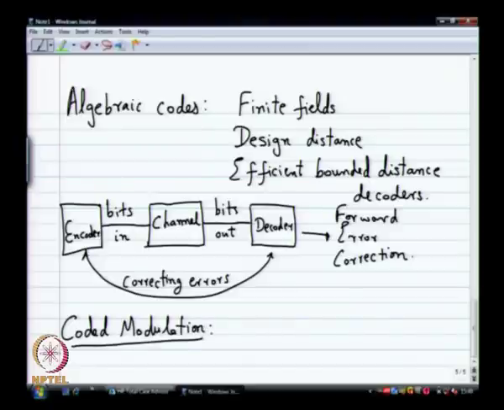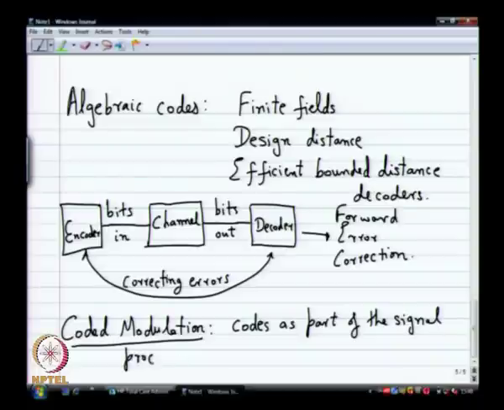Okay. So, here you think of codes as part of the signal processing needed for communication.